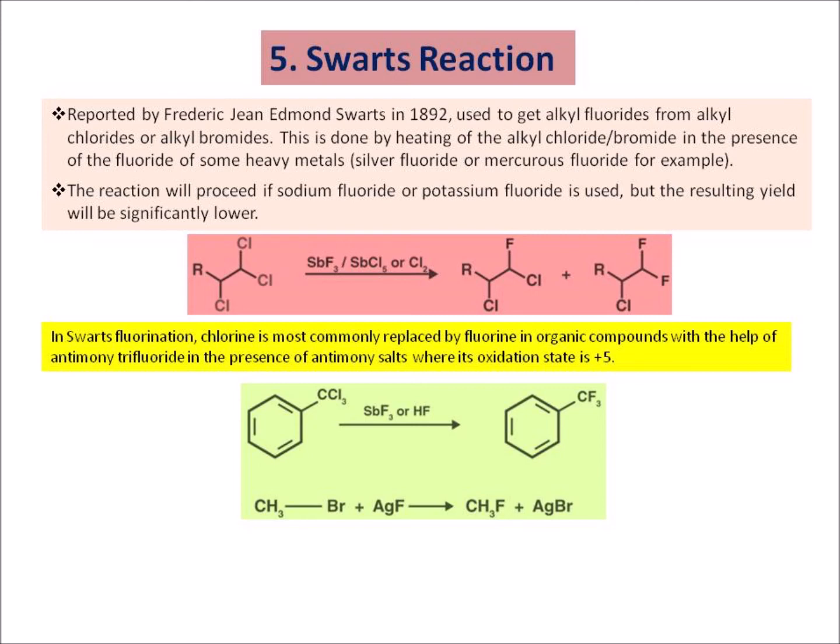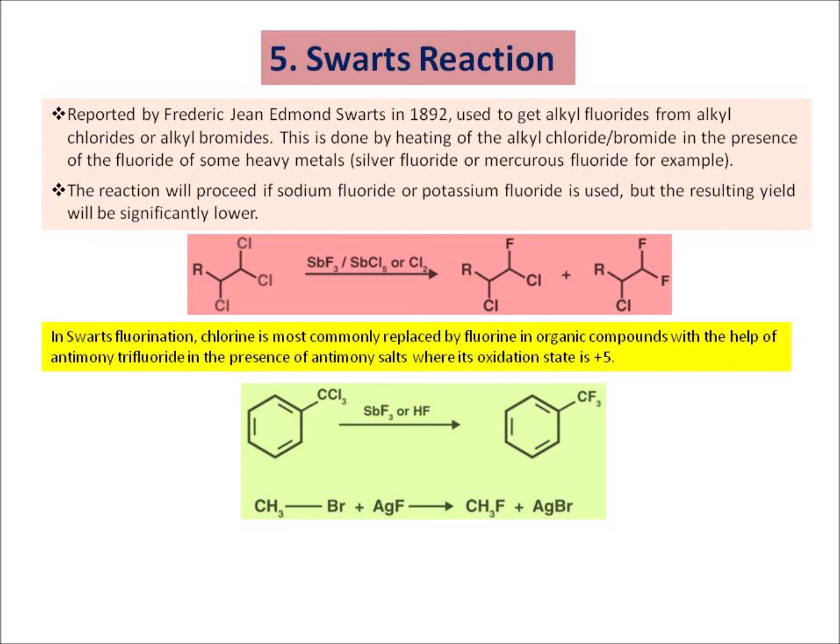This is done by heating of the alkyl chloride or bromide in the presence of the fluoride of some heavy metals, that is silver fluoride or mercurous fluoride. The reaction will proceed if sodium fluoride or potassium fluoride is used, but the resulting yield will be significantly lower.